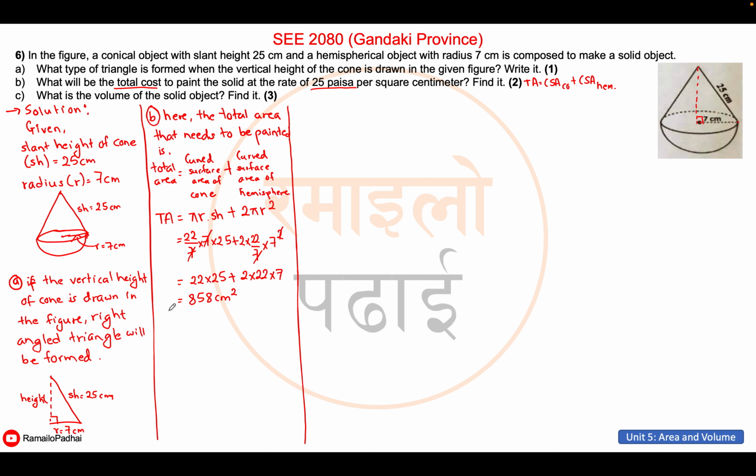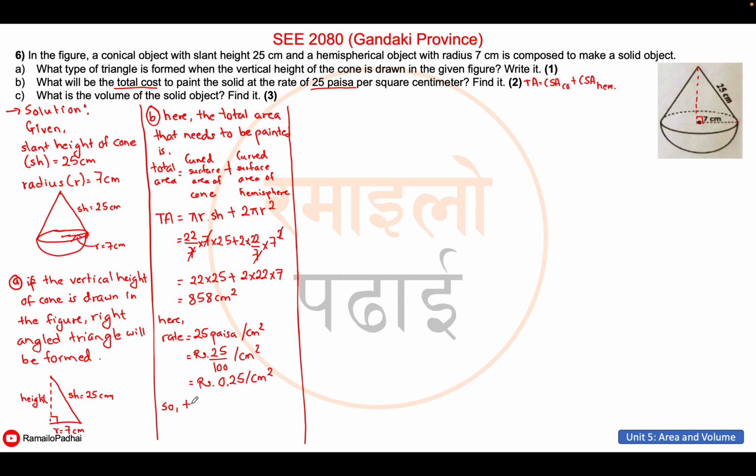Now we will convert the rate into rupees. The rate is given in paisa, so we will convert that into rupees. So here the rate is equal to 25 paisa per centimeter square, which is equal to rupees 25 upon 100 per centimeter square, which is equal to rupees 0.25 per centimeter square.